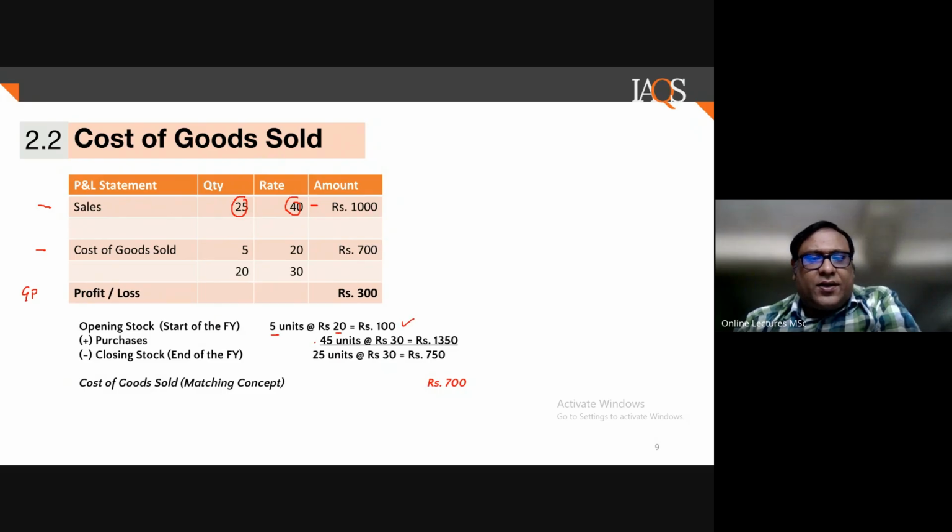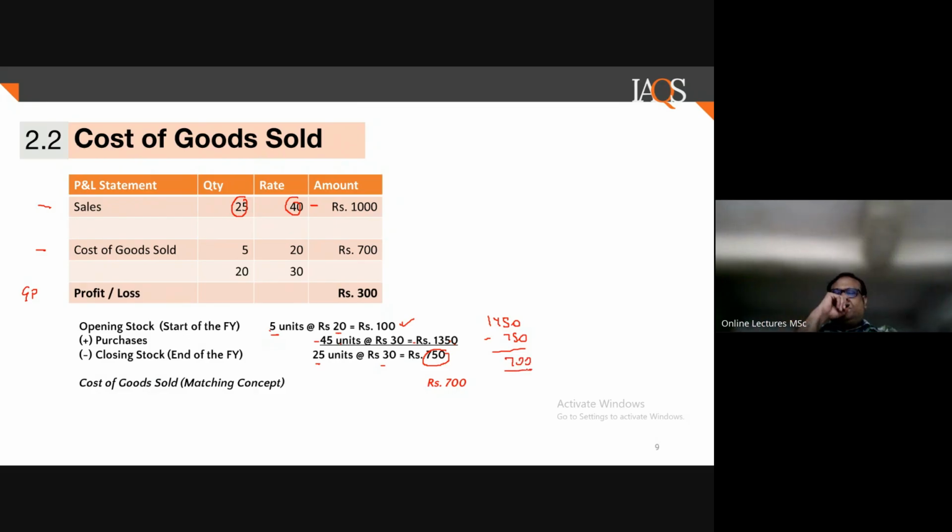In the current year, the company purchased 45 units further at 30. Together, the purchase was 1350. In the end, the company was left over with 25 units at the rate of 30. That means 750. So 100 plus 1350, that's your 1450, and 750 is the worth of closing. So 700 should be the worth of the COGS.